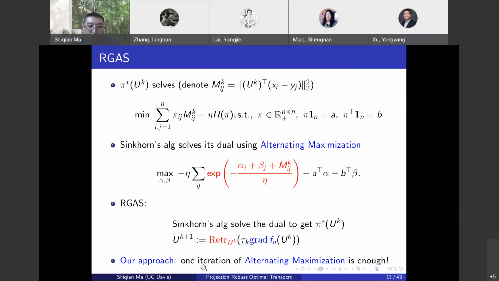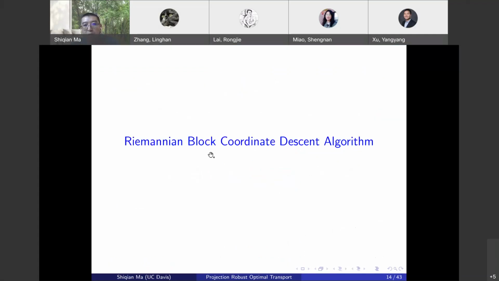We found that when we use the synchronous algorithm, it does the alternative maximization, and one iteration of the alternative maximization is good enough. So it is like when you solve the dual problem, you just fix alpha, you update the beta, then you fix beta, you update the alpha, then that's it. Then you do the Riemannian gradient ascent step. So that gives our algorithm. That is our Riemannian block coordinate descent algorithm.